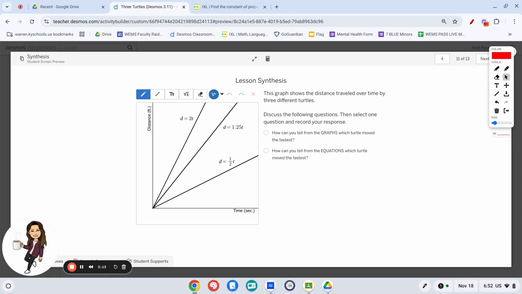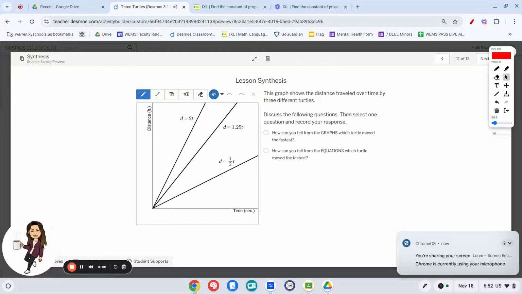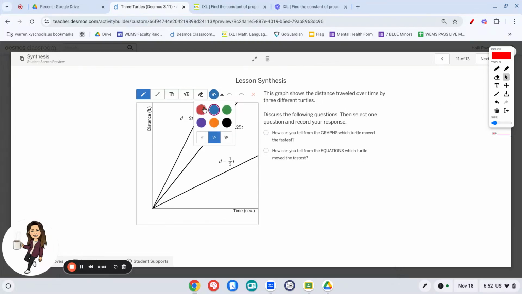So we talked about this idea of a steep line. We talked about the idea of the steeper the line, the faster it goes.